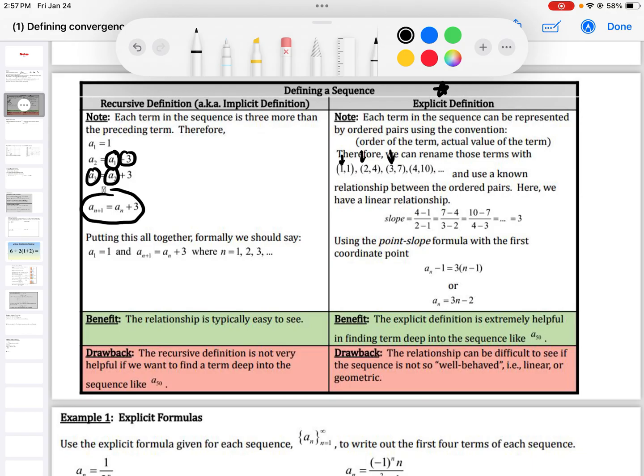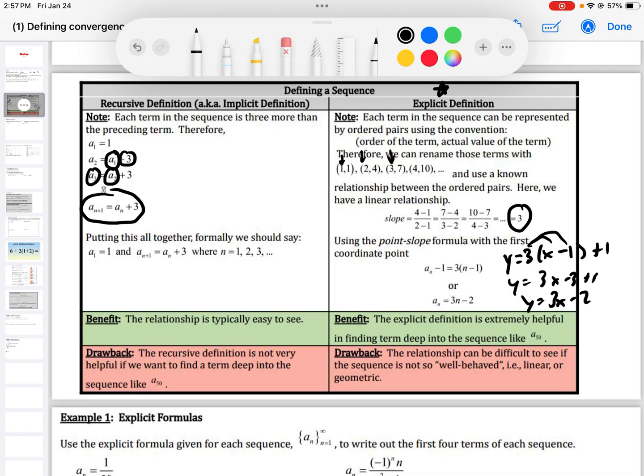So the slope is the difference of y's over the difference of x's. So in this case, it's 3. And then for the starting point, I would just use the idea behind point-slope form, right? I've got the point, y is equal to m times x minus x1, plus y1. Distribute the 3: 3x minus 3 plus 1, y is equal to 3x minus 2.